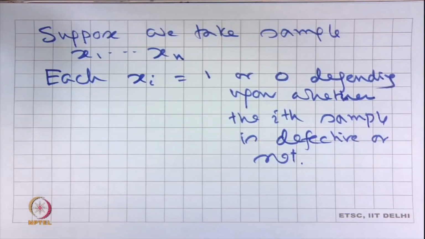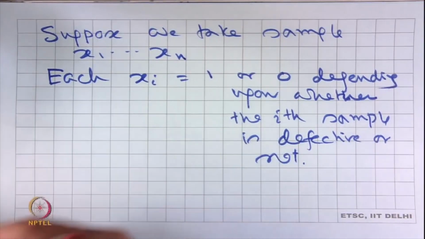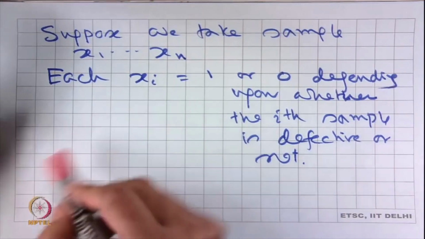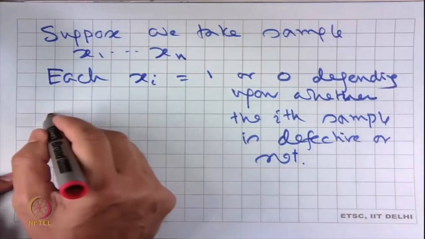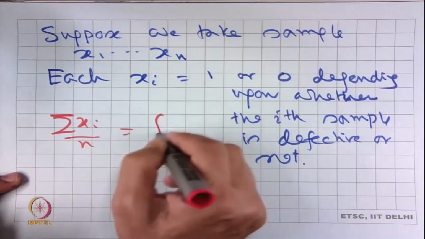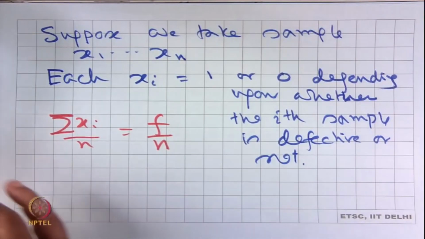Therefore, now what is the sample mean? Sample mean is actually f by n, and sigma xi upon n is equal to f by n. And what we are looking at is proportion.